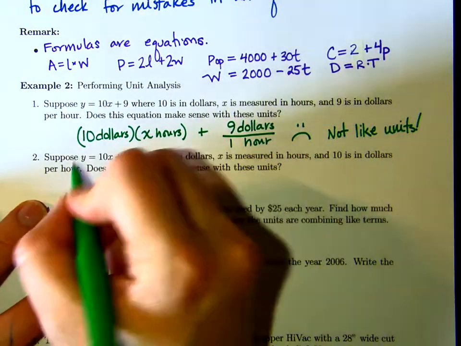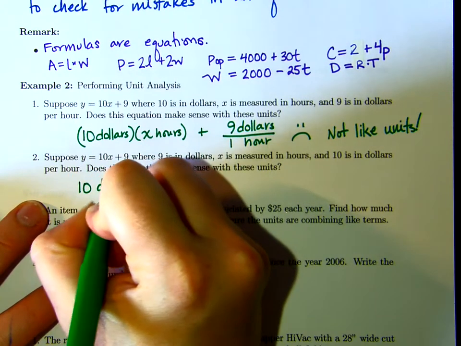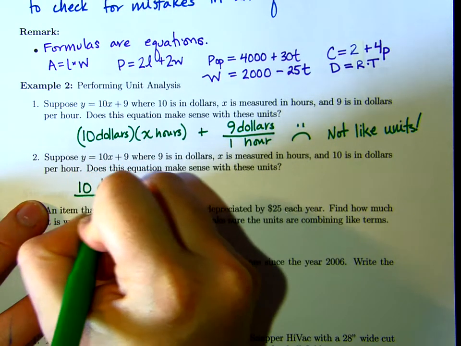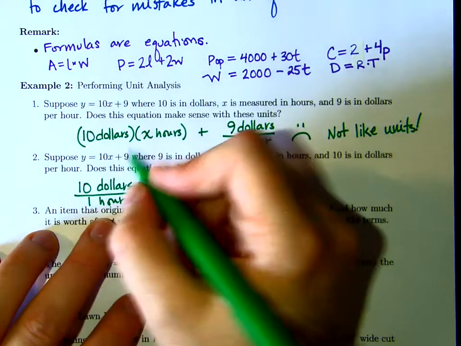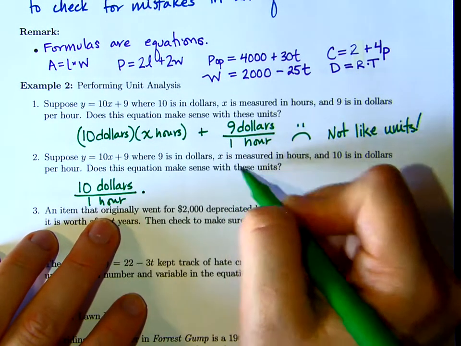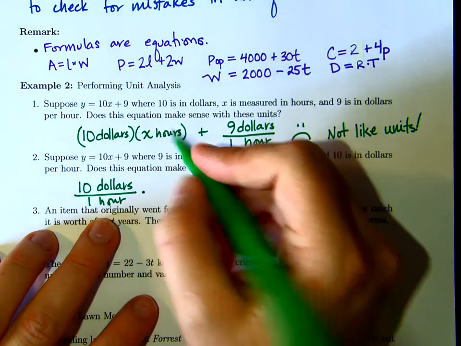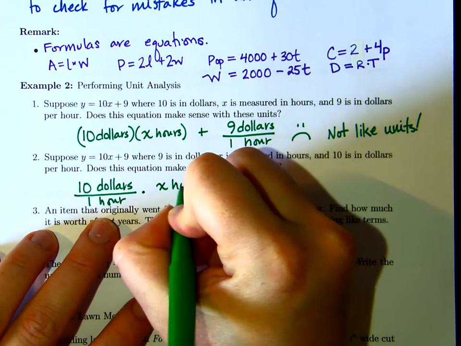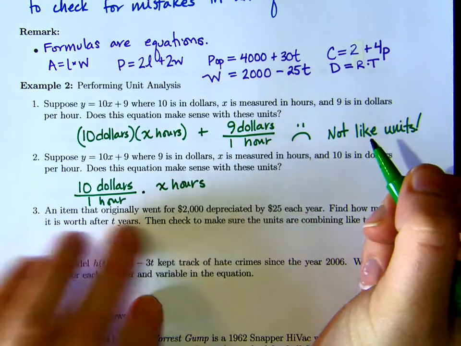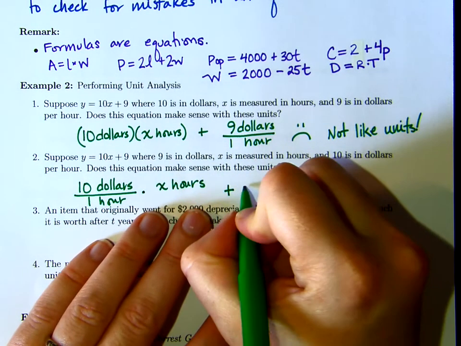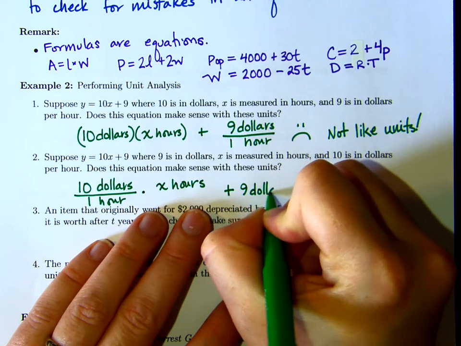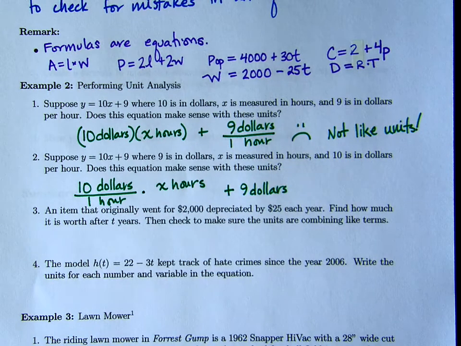So $10 per hour, and then times x, measured in hours, x hours, and then add to that $9. Okay, so now all of a sudden this will make sense.